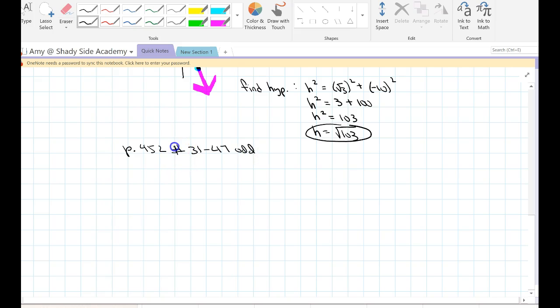Find the exact value of the sine, cosine, and tangent of each one. Oh, that's going to take you forever. Forget that. Let's just do a couple: 31, 35, 43, 47.